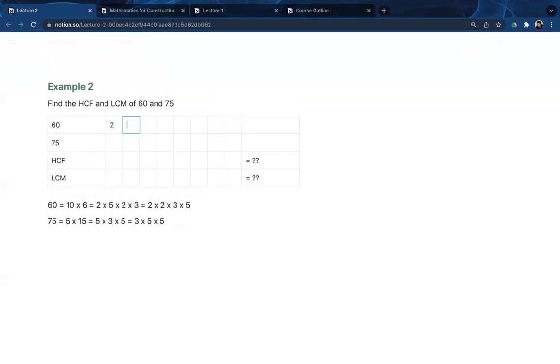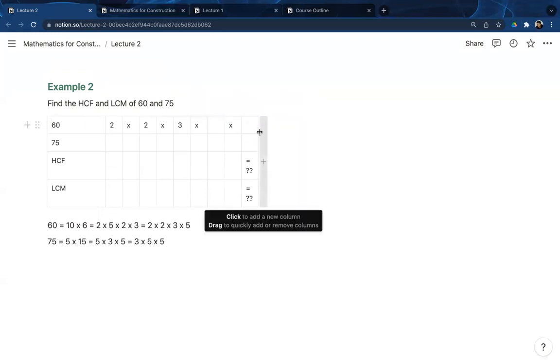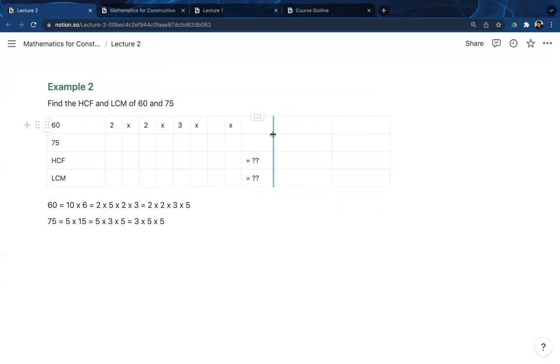I put 2 by 2 by 3 by 5. That's what I have here. Then this is 3 by 5 by 5.